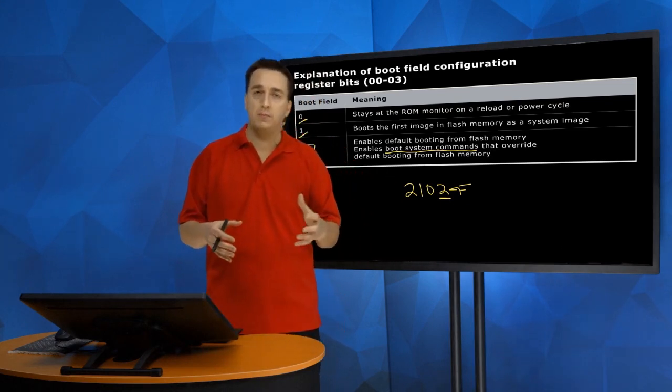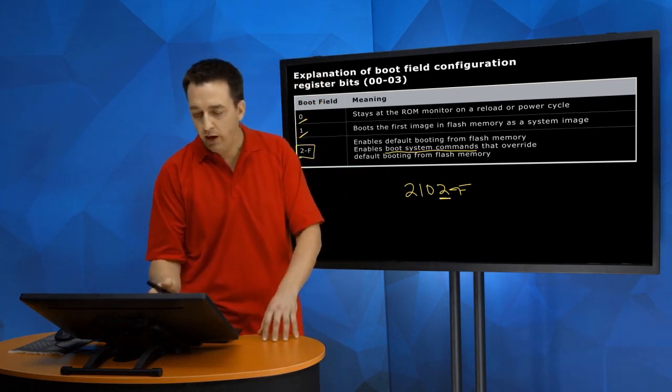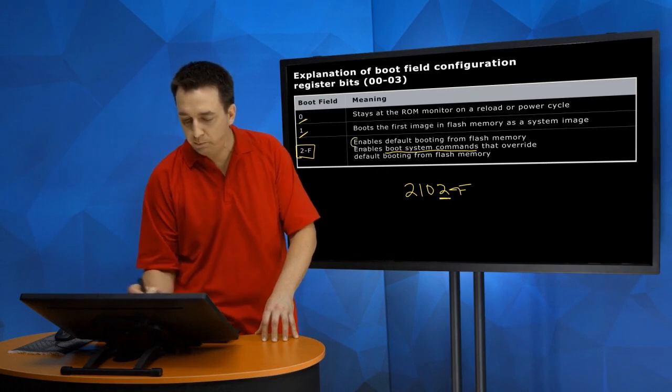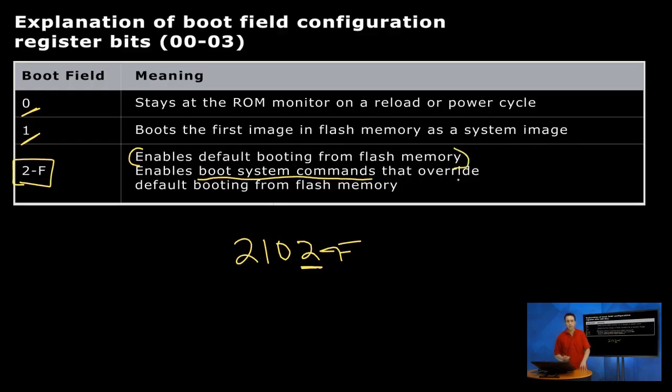Now, if I don't set up the boot system commands, then we are going to default boot from flash memory. So having any value from 2 to F will automatically tell the router you're going to boot an image from flash memory. Fair enough, good. But if I have a boot system command that is located, then that overrides the flash memory and it will boot whatever I tell it to boot and wherever I tell it to boot from.